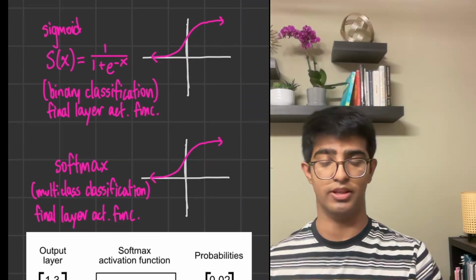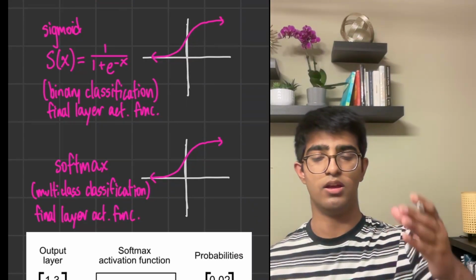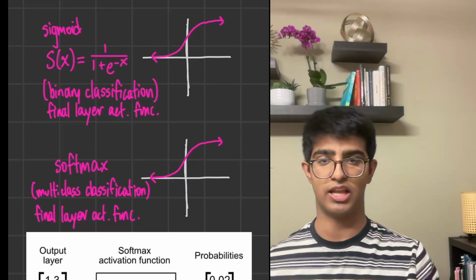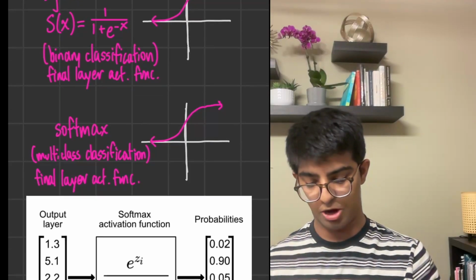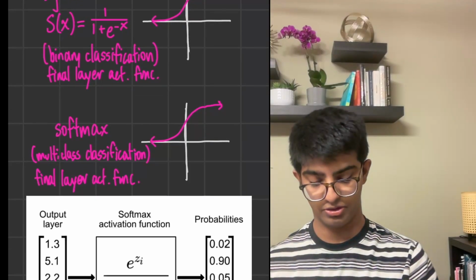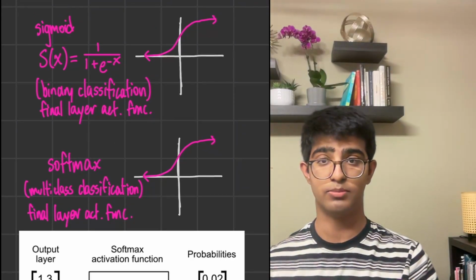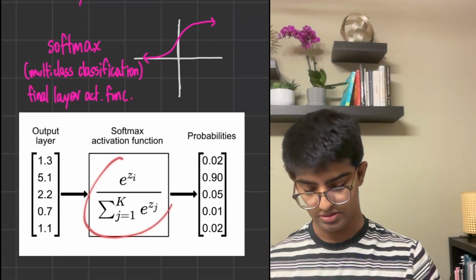We're not going to be using this, and the reason why is because with the MNIST dataset, we want to be predicting from a variety of classes, 0 through 9. So we're not doing binary classification. Instead, we're doing multi-class classification. So our final layer activation function is going to look like this softmax function. It looks very similar to the sigmoid, but it has a different equation, which is here.